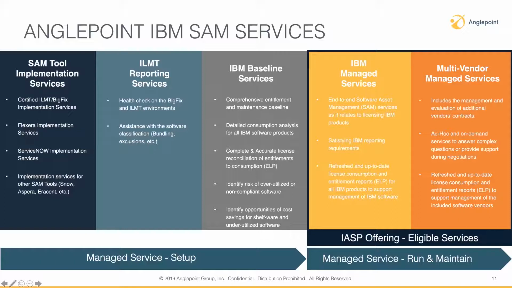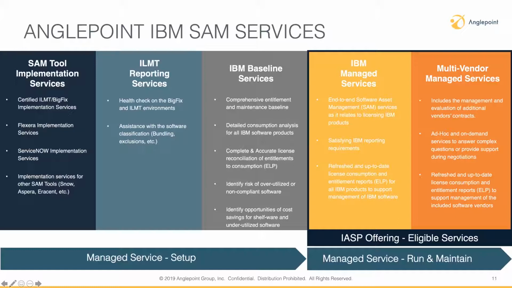So there's usually a lot of work to be done to get it to a point where it meets a minimal level of quality and doesn't report data that's completely inaccurate. So tool implementation is usually the first step, and then, as I touched on, configuring the tool to report correctly. Bundling is one good example of that, and we go through that process to ensure that the tool is reporting correctly.